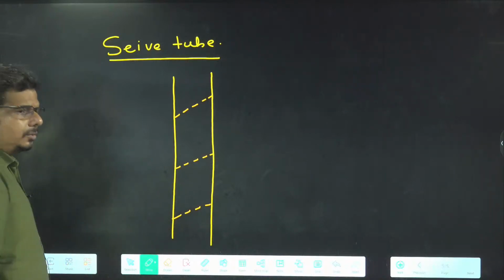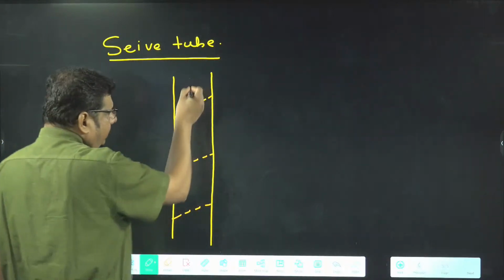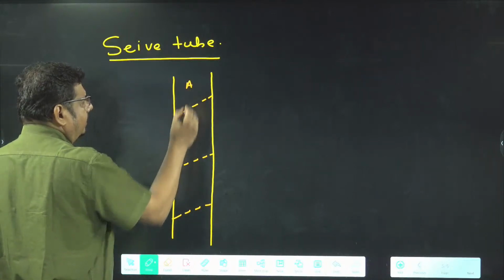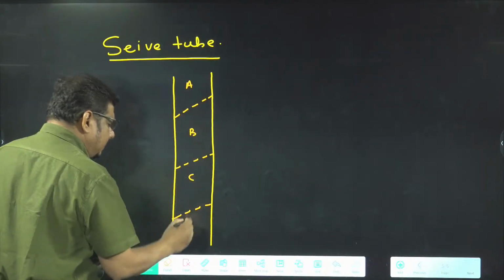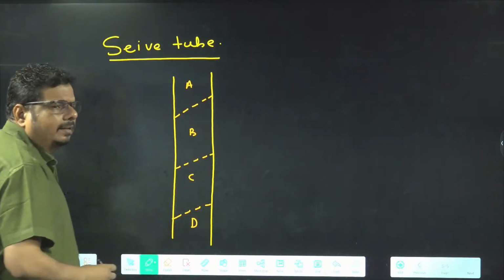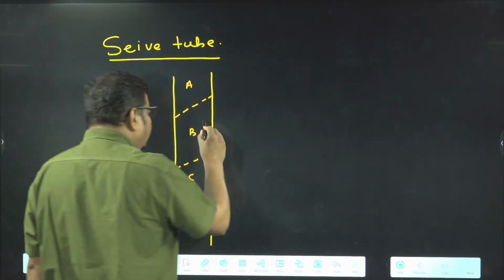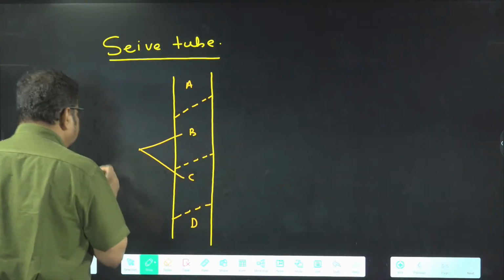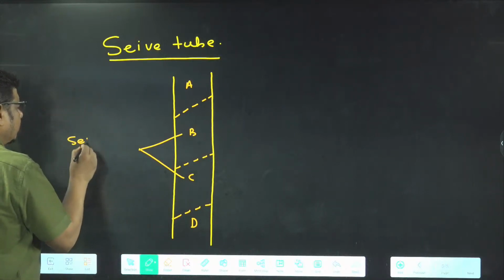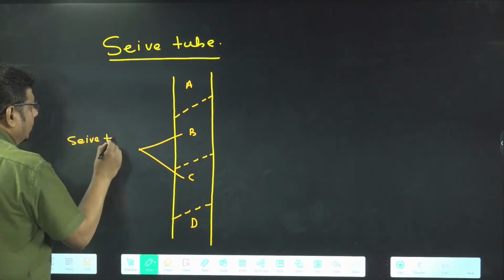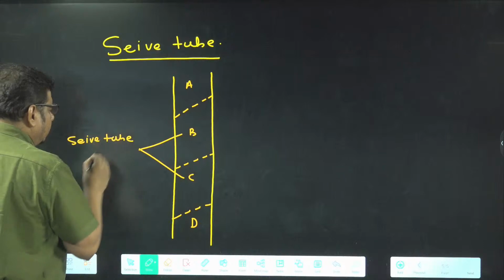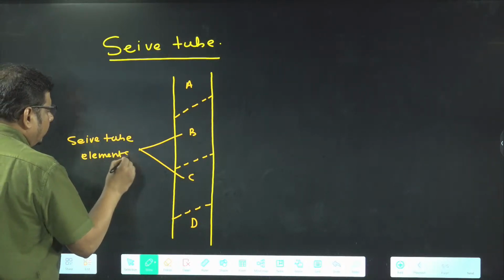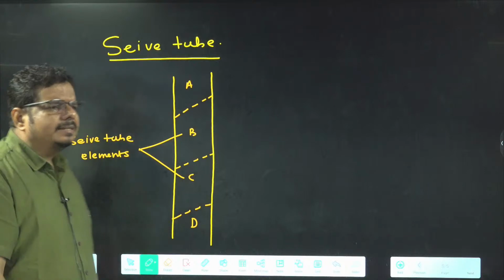Okay. So here it is a tube. Here cell A, cell B, cell C, cell D. So these cells which form the sieve tube are called sieve tube elements, or it is also written as sieve elements.